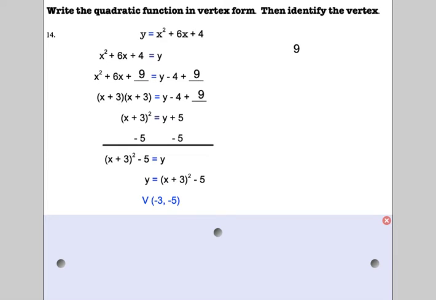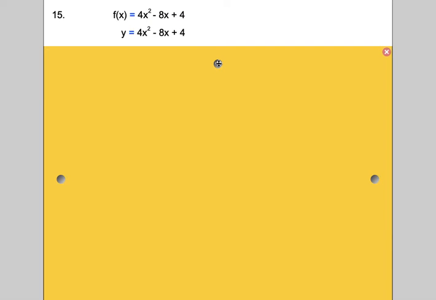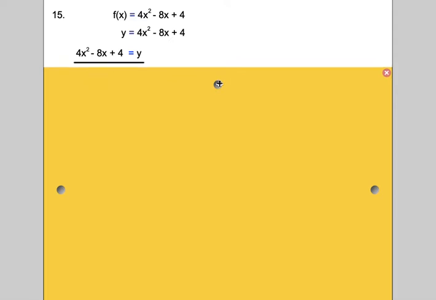Let's try one where there is a number in front of the x squared. So f of x equals 4x squared minus 8x plus 4. So step 1, rewrite in the form y equals. Step 2, and you might have combined steps. I write the 4x squared minus 8x plus 4 equals y on the left.